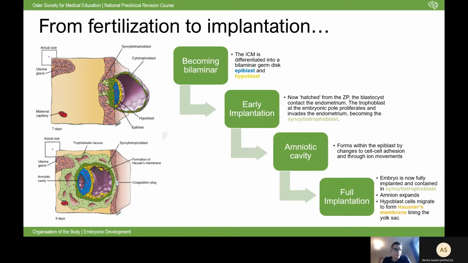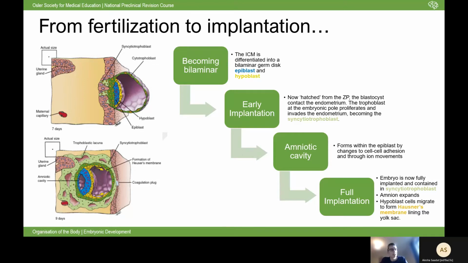We also see the formation here in the bottom left of this amnion. So the cavity that we already have in the blastocyst is over here. That's still there, but we get this second cavity within the inner cell mass. And what's happening to form that?